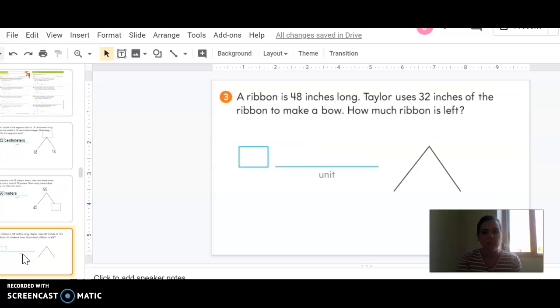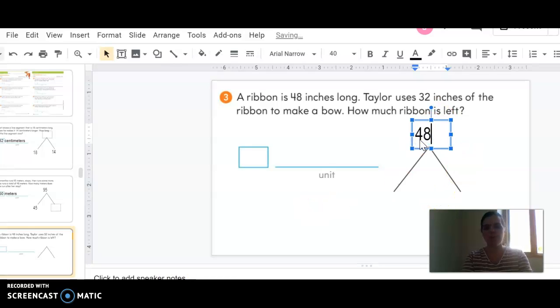All right, number 3, we'll do 2 more together here. A ribbon is 48 inches long. Taylor uses 32 inches of the ribbon to make a bow. How much ribbon is left? So how many total inches long was the ribbon to start with? Yep, 48 inches. So at the top, we're going to put 48.